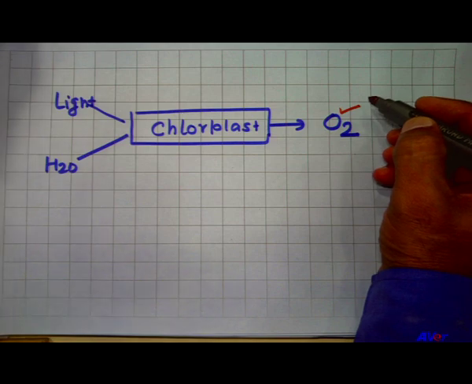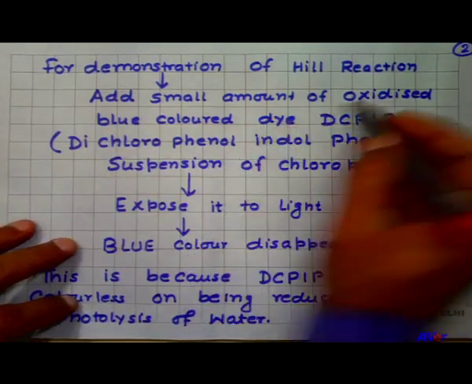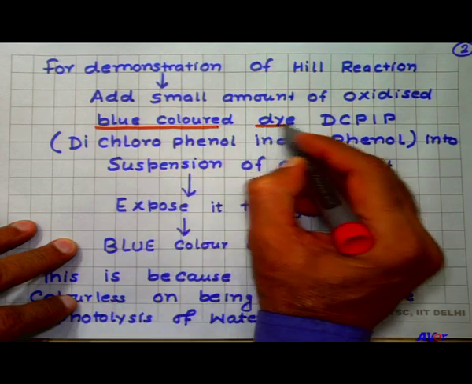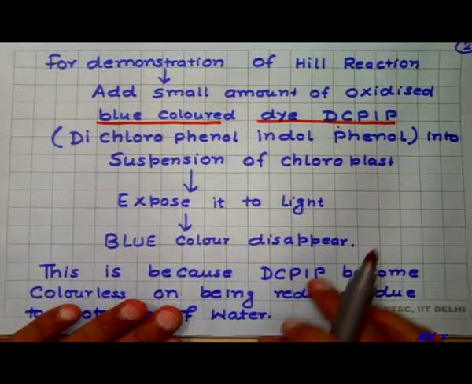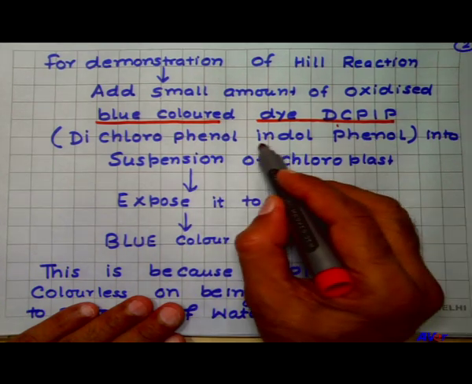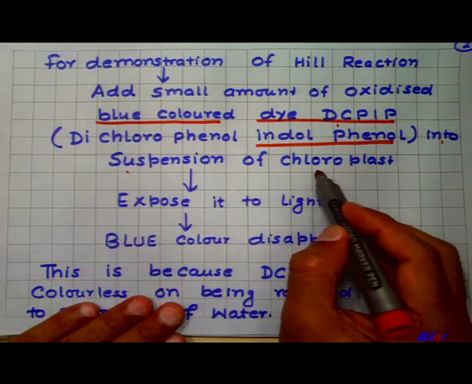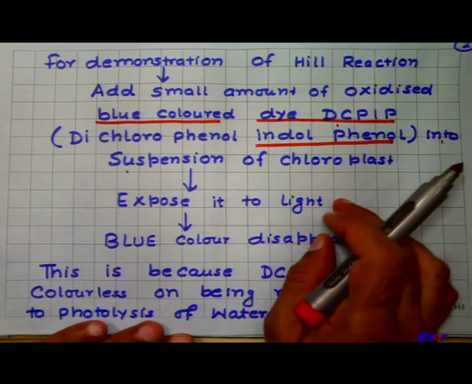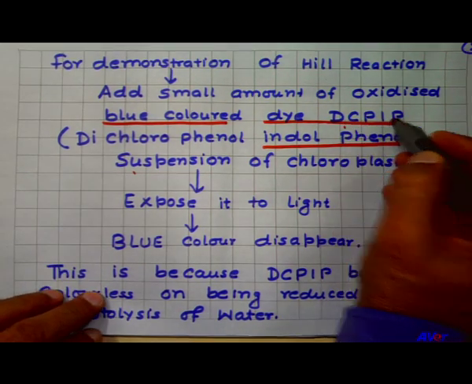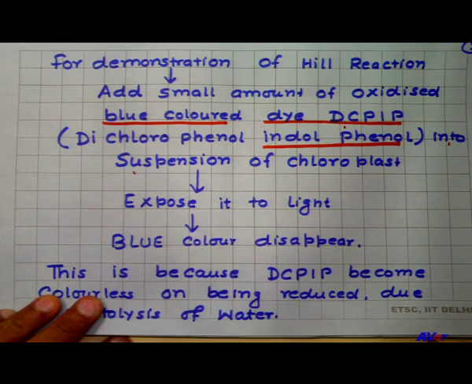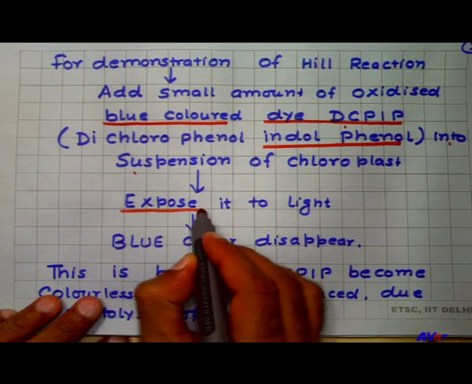For this demonstration, Hill used a small amount of oxidized blue color dye, that is DCPIP, dichlorophenol indophenol, added into the suspension of chloroplast. The entire experimental material was exposed to the light.